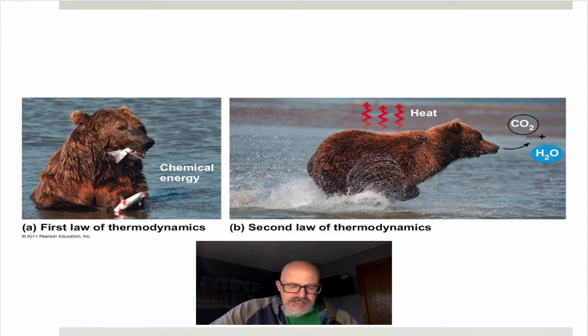The second law of thermodynamics is that the entropy of any isolated system always increases, right? Entropy is basically a fancy way of saying disorder. So the thing about how organisms look like they defy this is that disorder, or entropy, decreases in an organism, but the universe's total entropy increases.